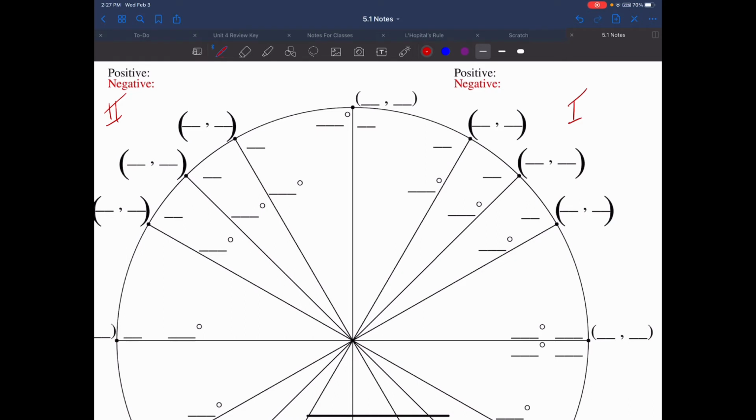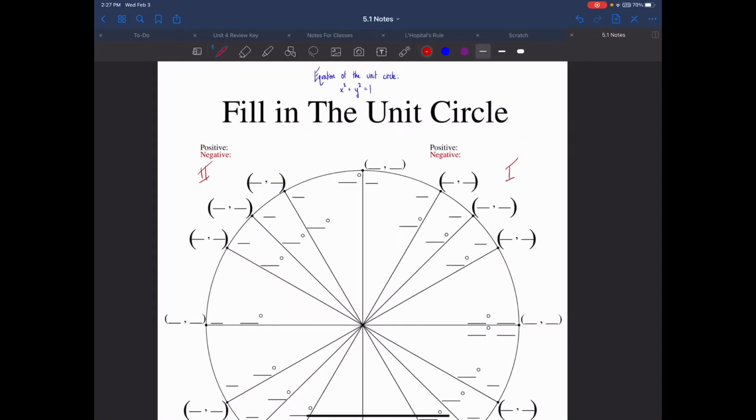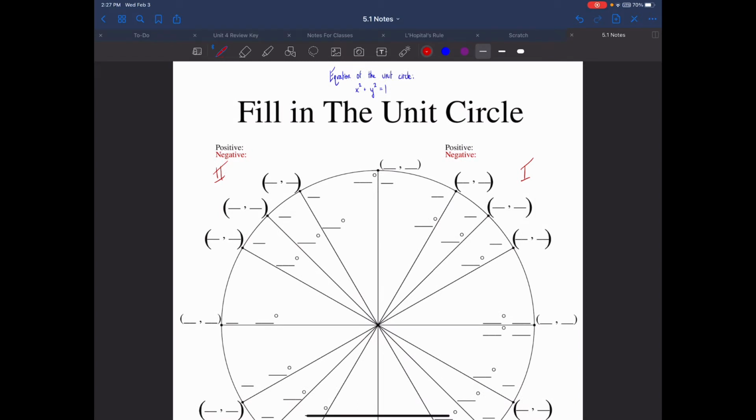All we have to do is figure out some values. We're not going to do any math to get these exactly. We're just going to use some reasoning. The equation of the unit circle is x squared plus y squared is 1. So the radius is 1, which means all of the radius values are 1.